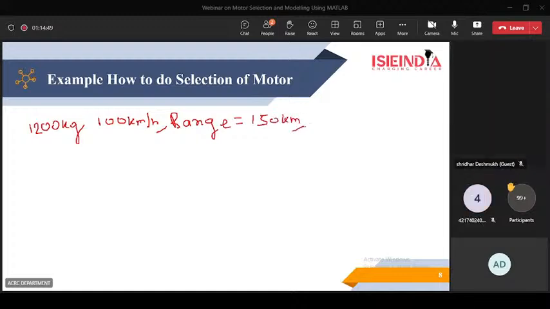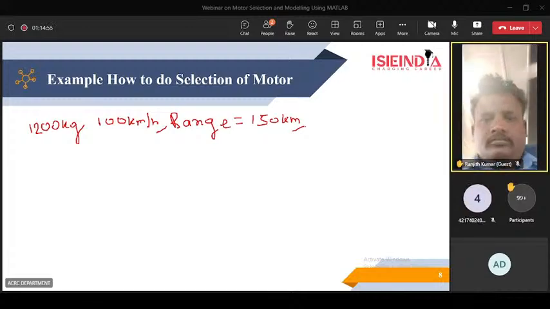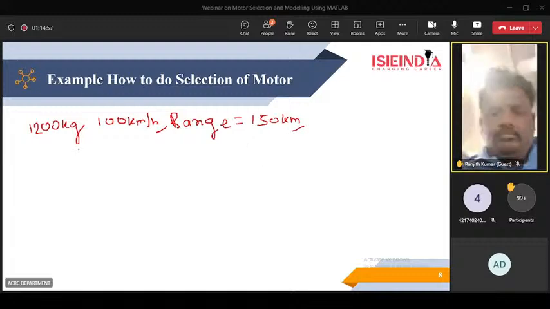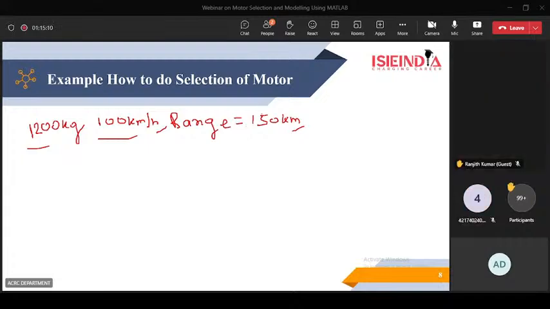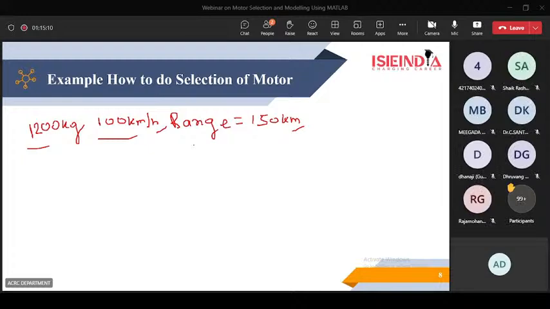What power will be required, what rating of the motor will I need to attain this configuration, with the 1200 kg weight, the 100 km/h speed, and the range? One by one we'll talk about how we should do this type of calculation.